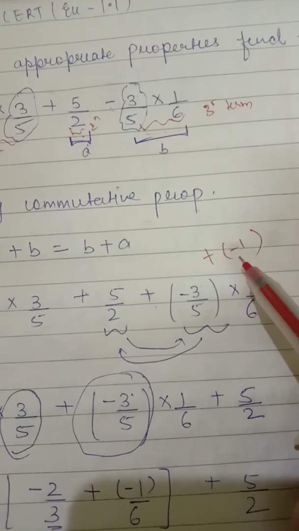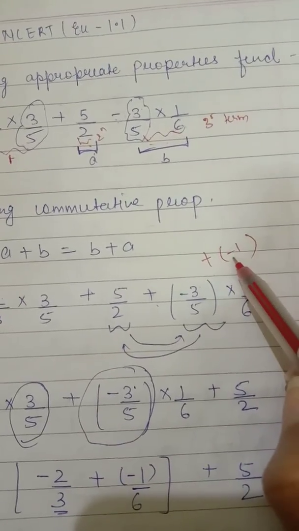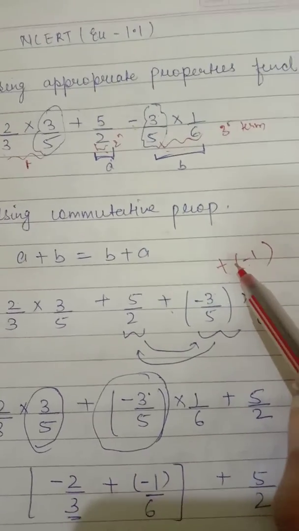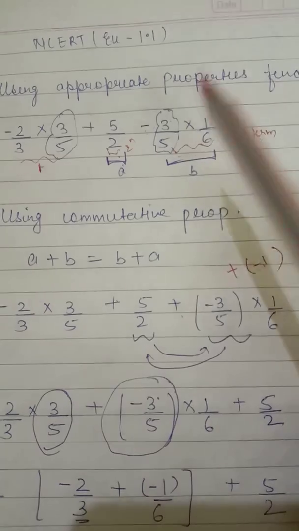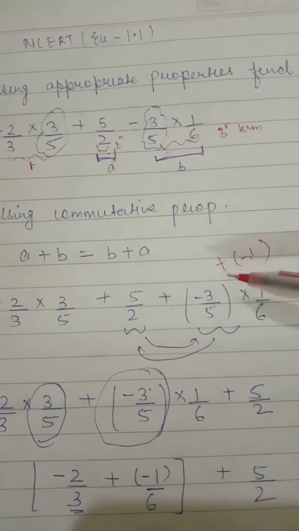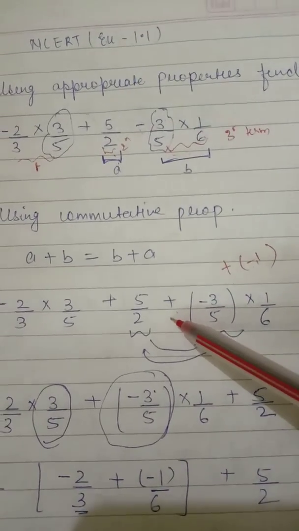Okay, because when a positive number is multiplied by the negative sign, you always get a negative sign. So that's why what I did in this question, this negative sign I took along with 3 by 5, and before minus 3 by 5 I write this positive sign.